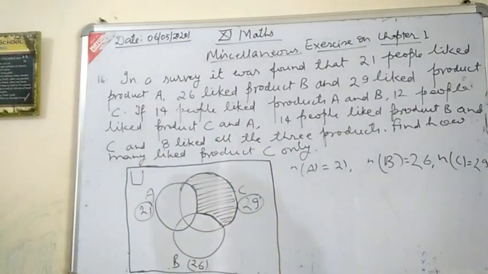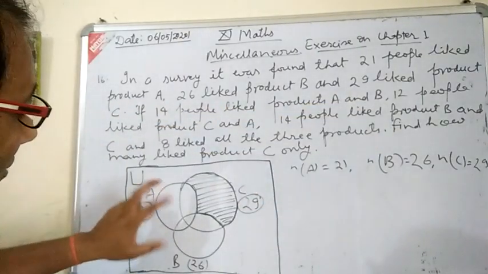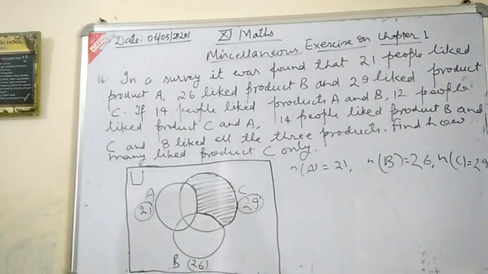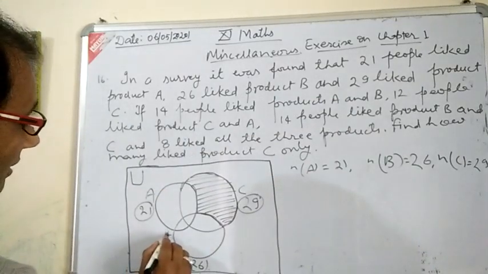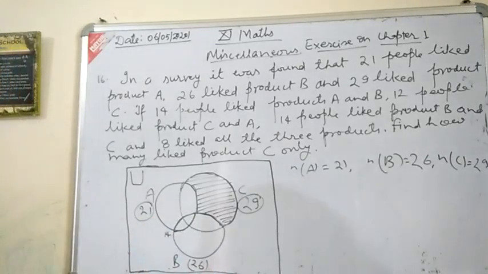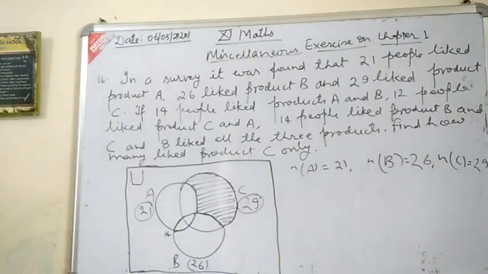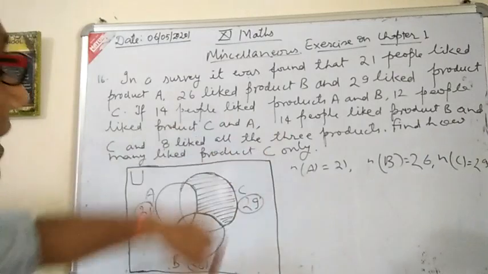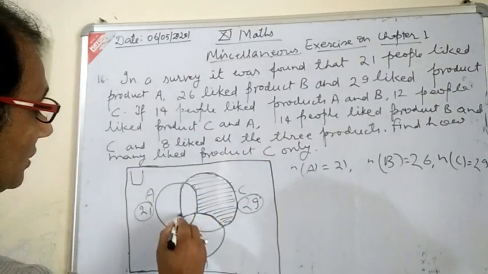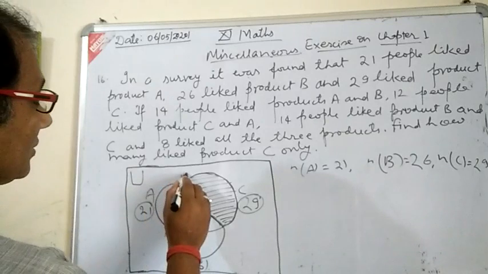Now we see the common people. 14 people like products A and B, meaning amongst A and B, 14 people are common. This portion shows the 14 people, the intersection of A and B. 12 people like products C and A. Between C and A, this is the common portion, and there are 12 people in it.